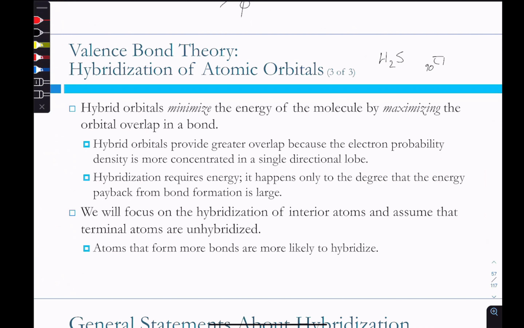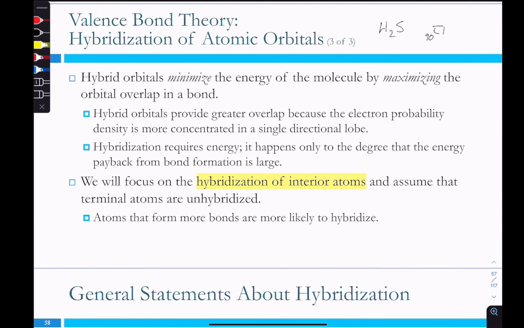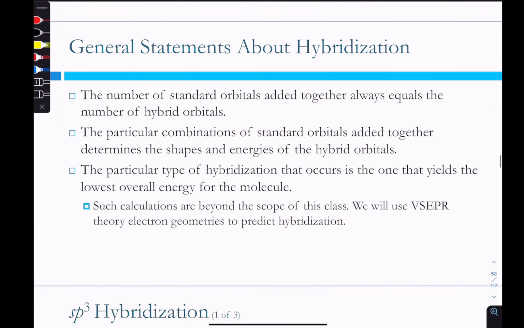We're going to simplify things and only focus on hybridization of interior atoms. We're going to assume that the terminal atoms stay unhybridized and that we're just interacting from a distance. The number of standard orbitals added together always equals the number of hybrid orbitals.